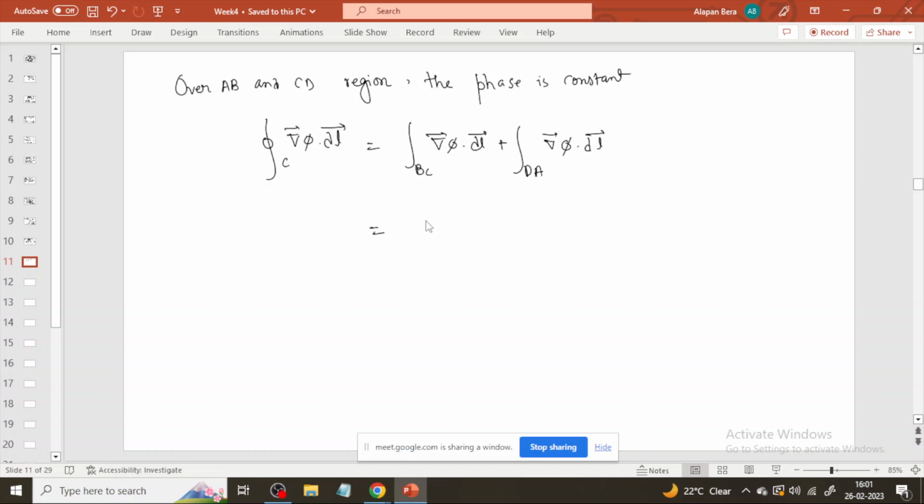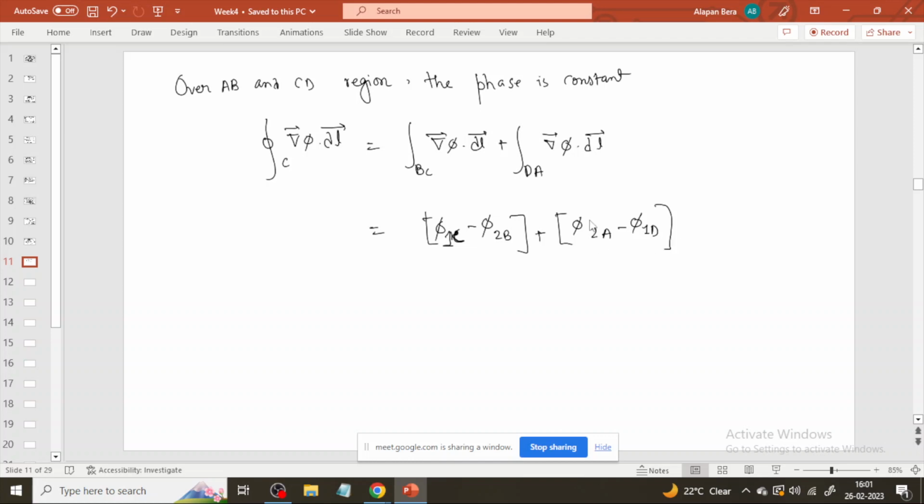This is given by phi 1c minus phi 2b, and phi 2a minus phi 1d.